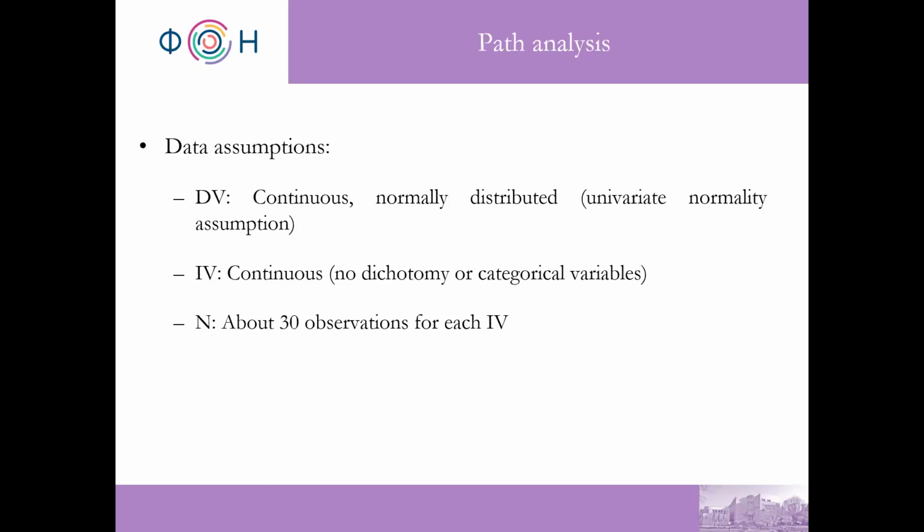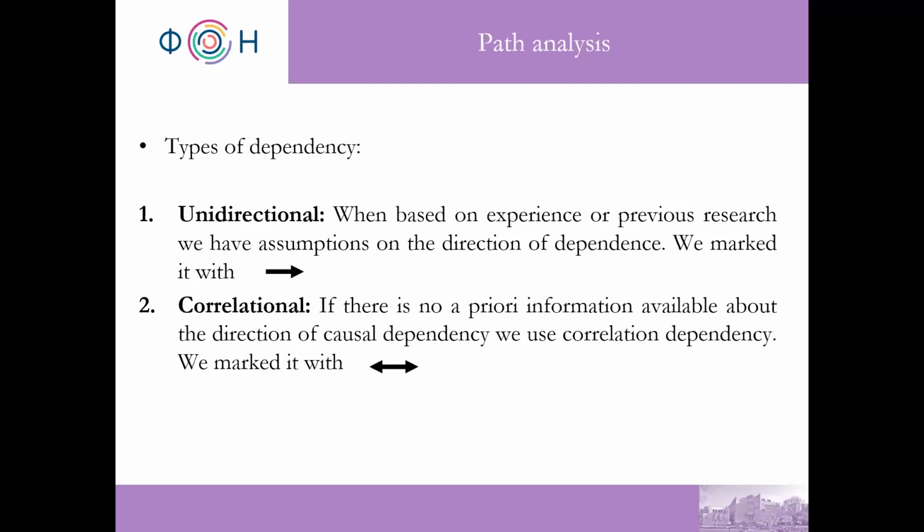Some literature suggests you should have at least 10 observations per each independent variable in the model. Some are more restrictive, and for example, as here on the slide, indicate the number 30, but literature these days is more relaxed and suggests having 10 observations per each independent variable in your model.